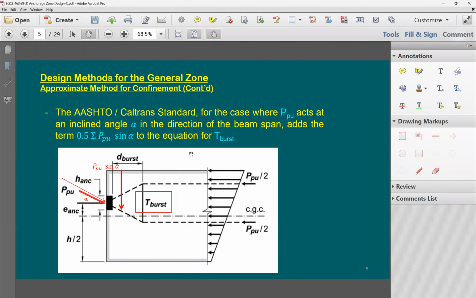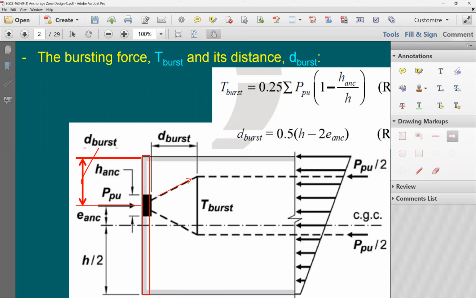All right, let me discuss this with you guys. When you look here at this force, P sub PU, you take this component and then you're maybe taking also this component. This component is based on one half of this force, and this component here is also going to be one half of this force.